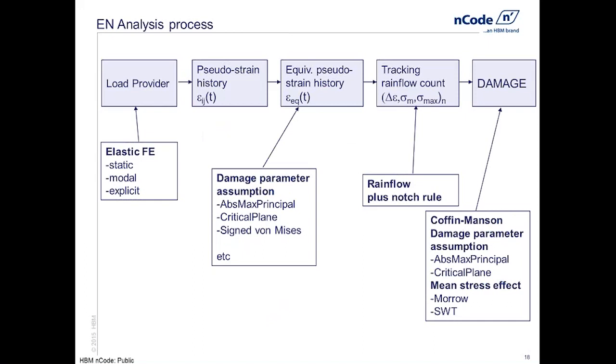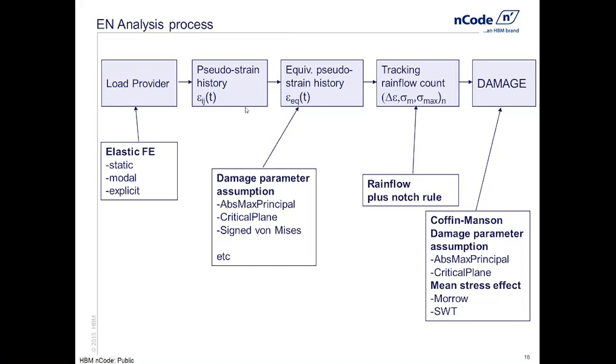So let's have a look now at the normal process that DesignLife uses to do a local strain fatigue calculation. The process starts with FE results and loading information being assembled to give a local strain history. So this is the linear elastic pseudo strain history, which is a tensor as a function of time.